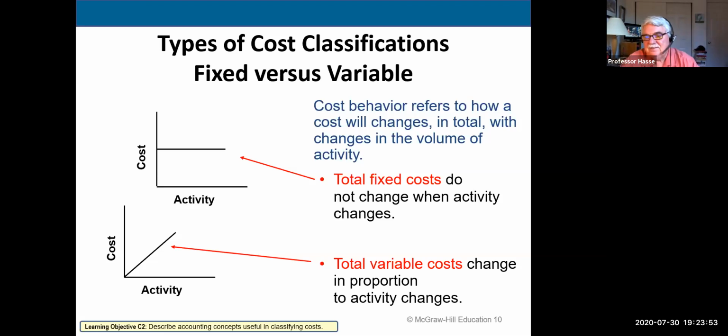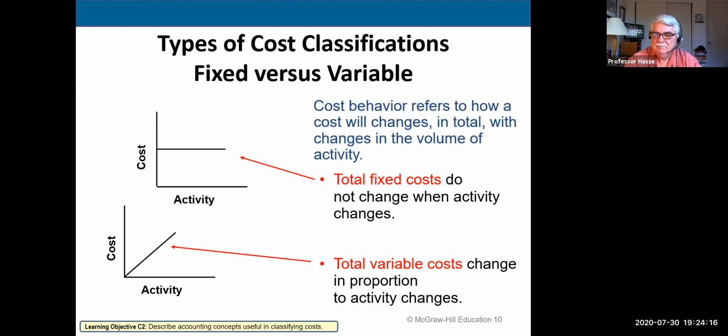A fixed cost is the same amount of money no matter what the activity. Here's an example of a fixed cost. I manage a department. My department produces a widget. But as a manager of a department, I get paid a salary, $50,000 a year.